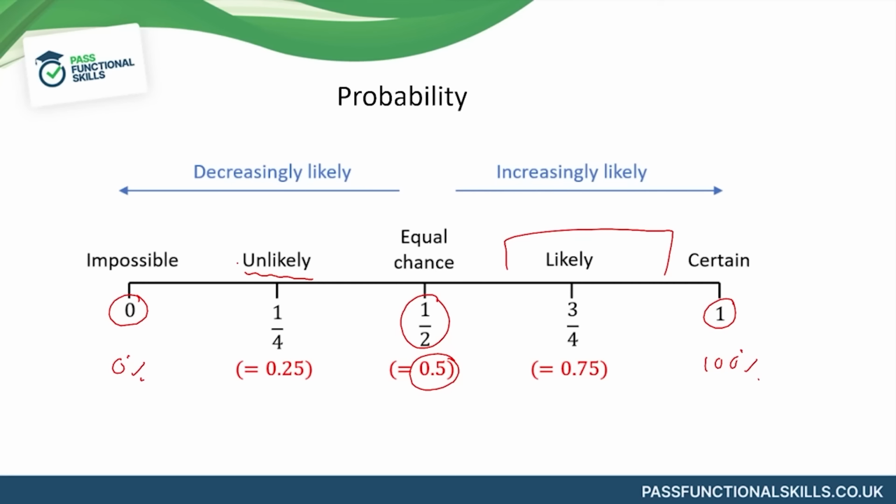So the words can be a bit vague, but if I said to you pick a day at random in March, what is the probability of it raining in Manchester? Well, you might just say it's likely. You're not going to put a number on it unless you've done an experiment and then you've got some data to work with. But if you're just making a general statement, then you might just say, yeah, it's likely.